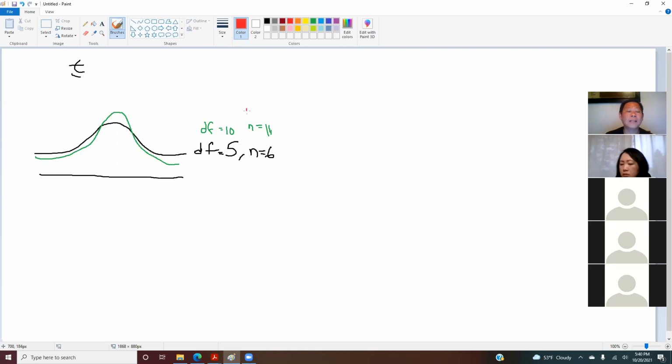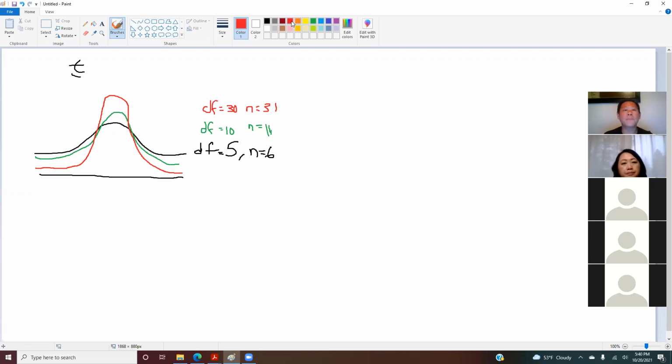Now what happens if I keep increasing n? Now my n is 31, where your degrees of freedom is 30. You notice the tail end is getting thinner and the middle is getting taller.